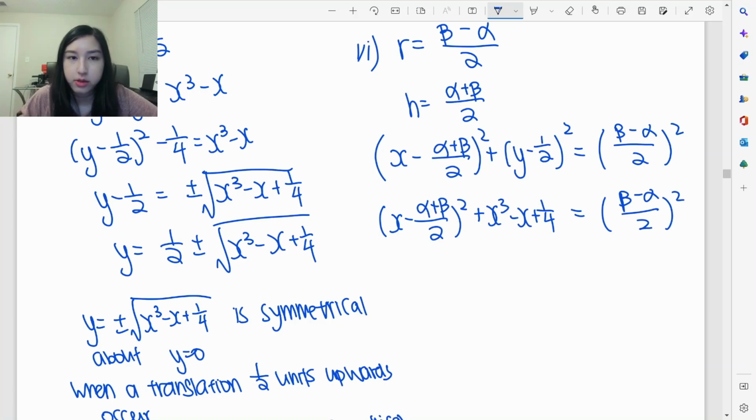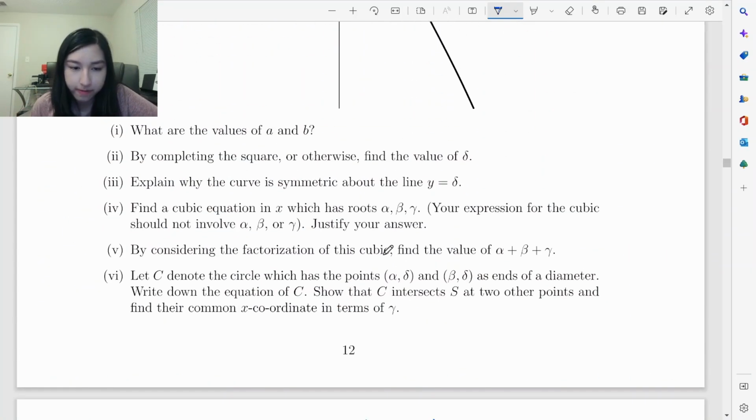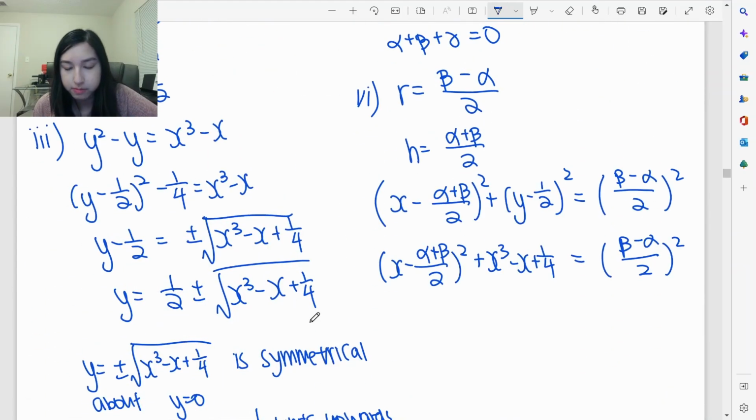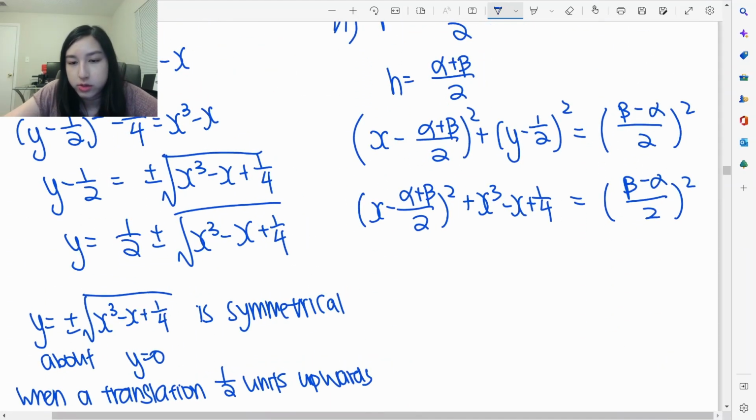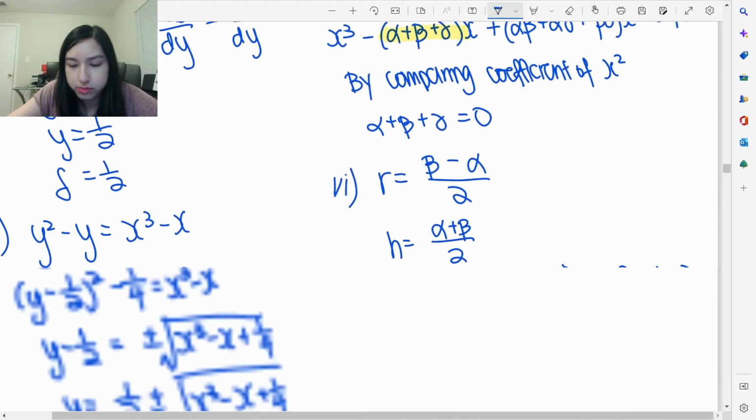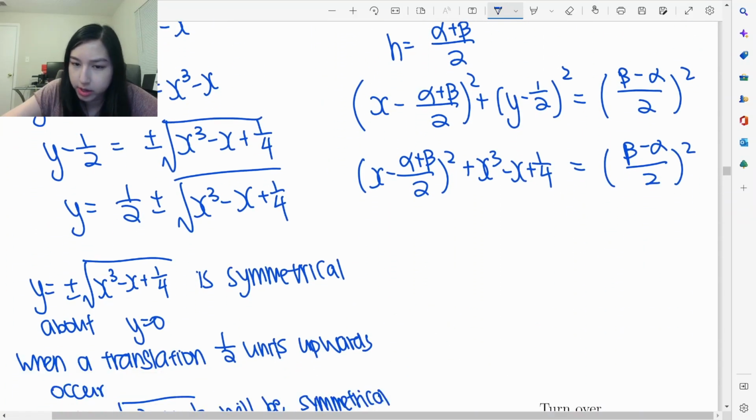Alright, and what do they want us to find? Find the x coordinate. So let's just start by shifting everything to one side.